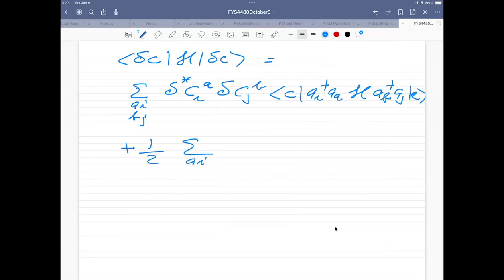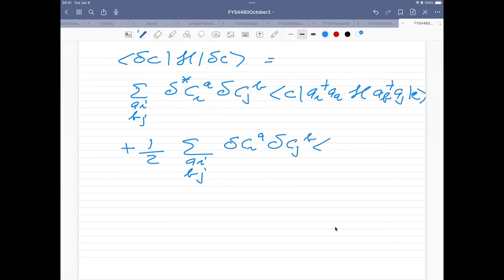This comes from the ket side, where I have the state squared, B_J. And then I'm going to have a part which goes like delta C_I. This is not complex conjugate, so this comes from the ket side.